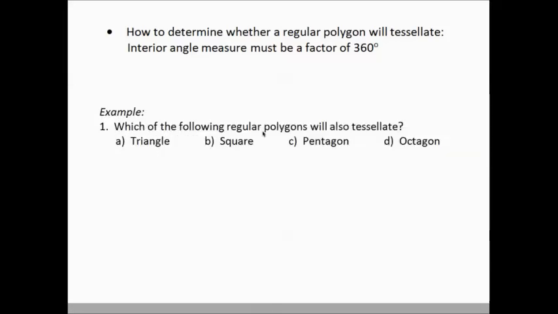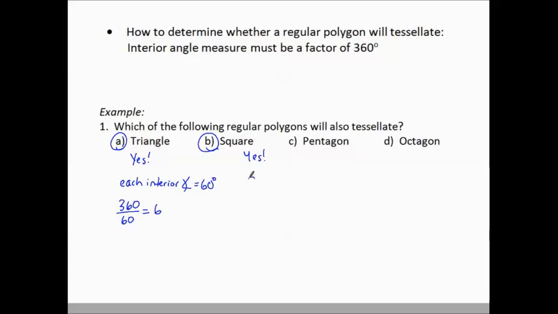Which of the following regular polygons will also tessellate? So we determined that a triangle will tessellate. Yes. Why? Because each interior angle measures 60 degrees, and 360 divided by 60 comes out to an even amount, 6. Square? Yes. Why?